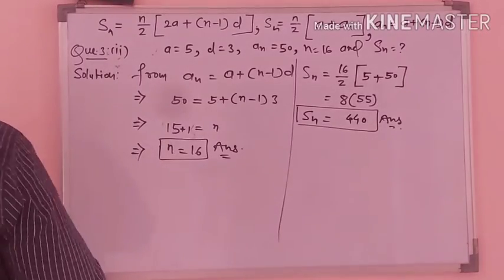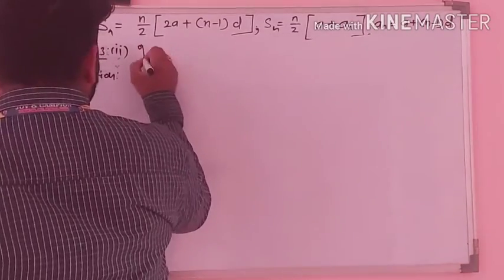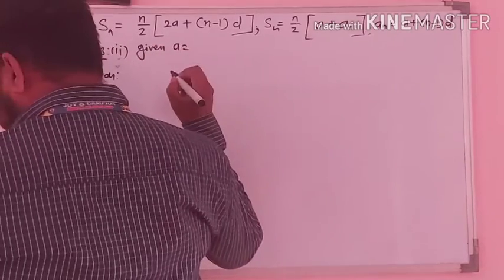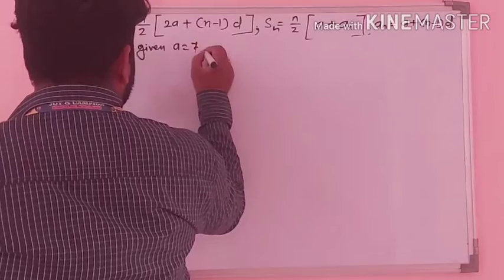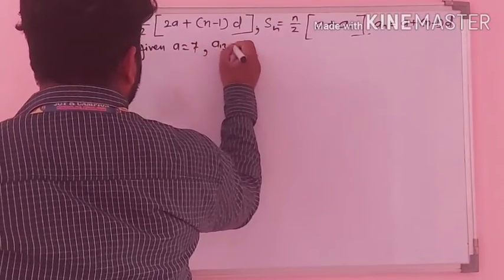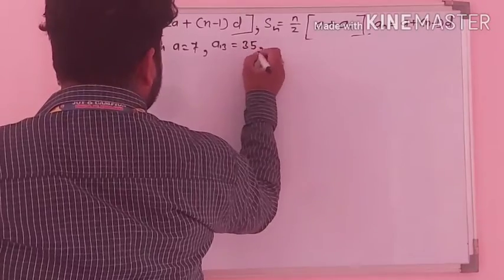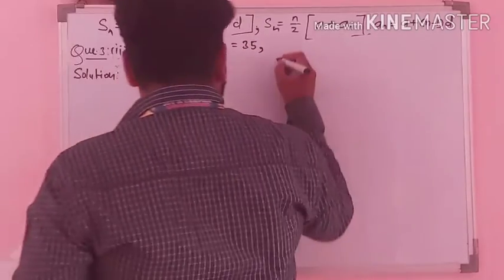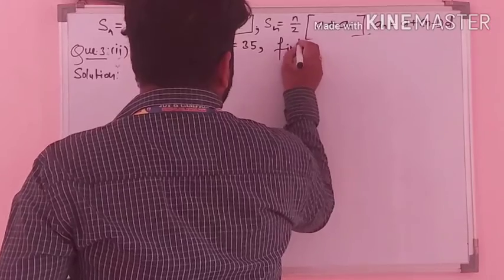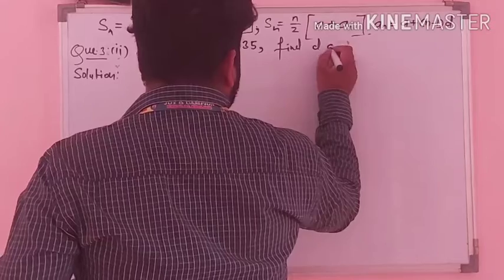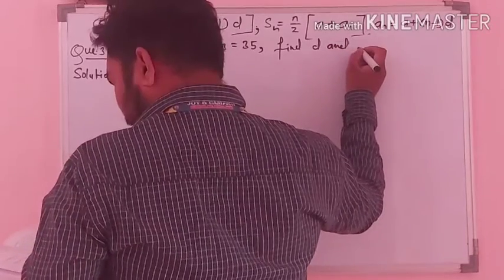What is the second question? Given a is equal to 7, a13 is equal to 35, find d and S13.